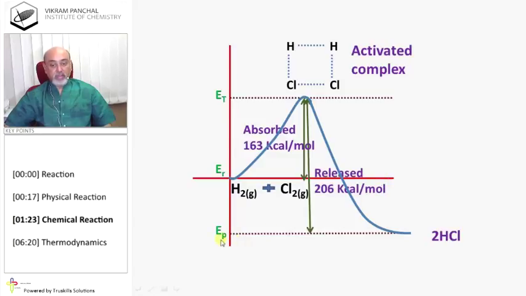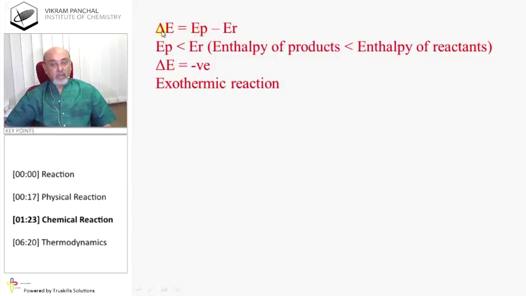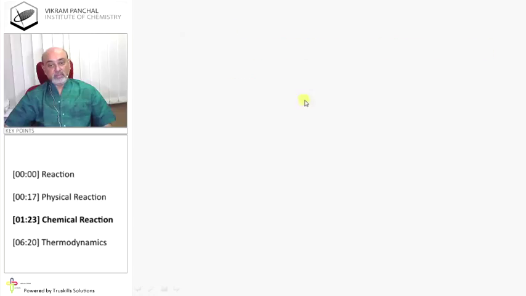Or the other way, energy of product HCl in this graph is less than energy of reactant. So EP is less than ER. So when delta E, which we take as EP minus ER, where EP is less than ER, then delta E will be negative. It is exothermic reaction.